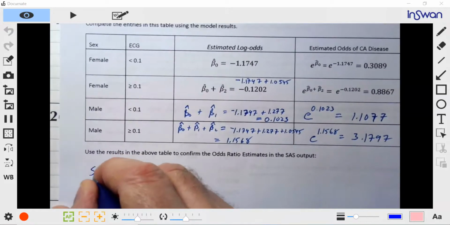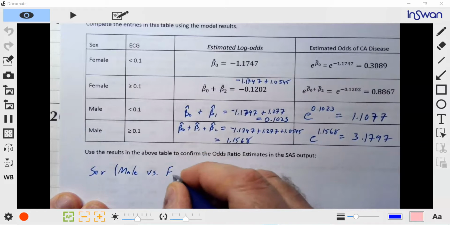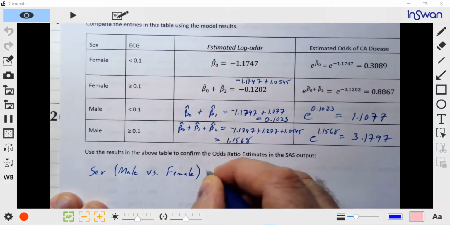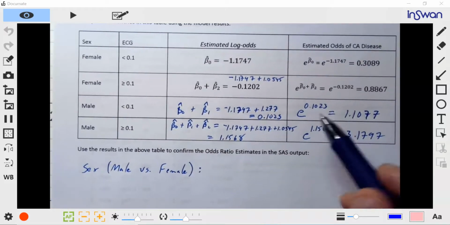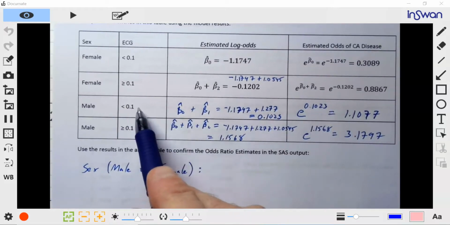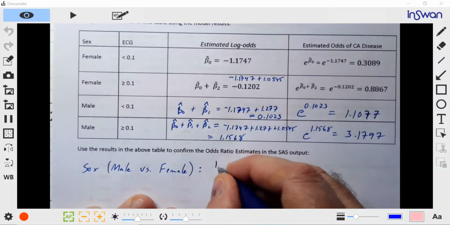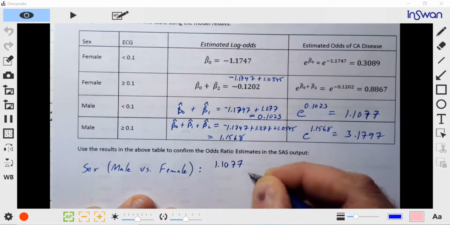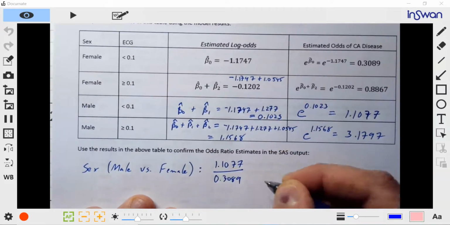If we look at sex, male versus female, we can compare males to females among those who have low ECG. So we would have male to female, 1.1077 over 0.3089.